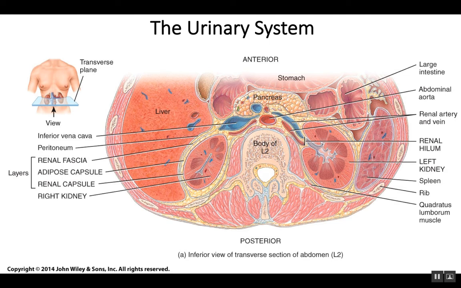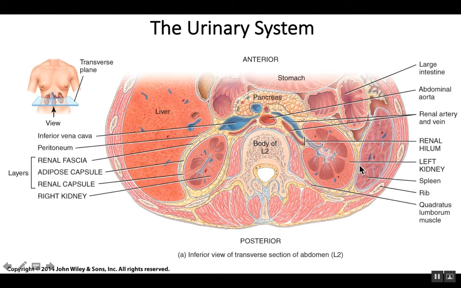They lie behind the peritoneal cavity. You can see a little of the cavity in here. These are all peritoneal organs in that they are covered and surrounded by the peritoneum. The pancreas is also retroperitoneal, so it's behind. See it behind the stomach. Note the liver on the right side. Note the spleen on the left side.